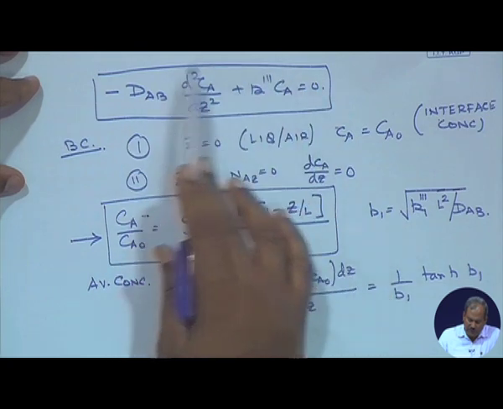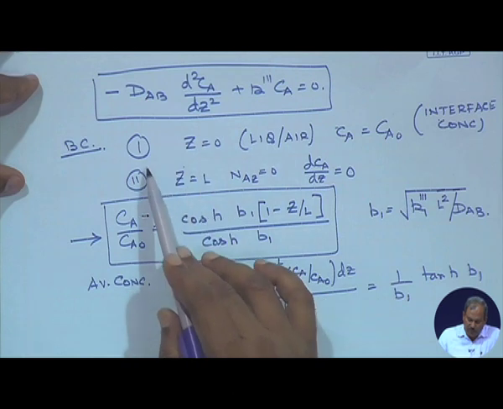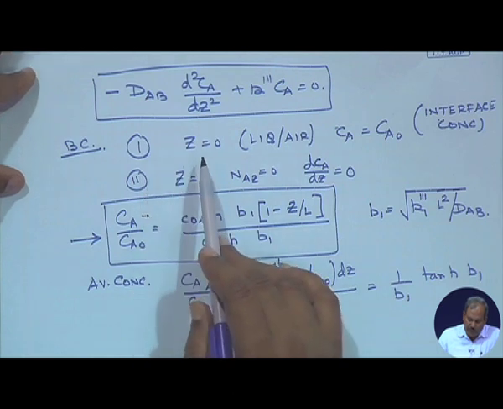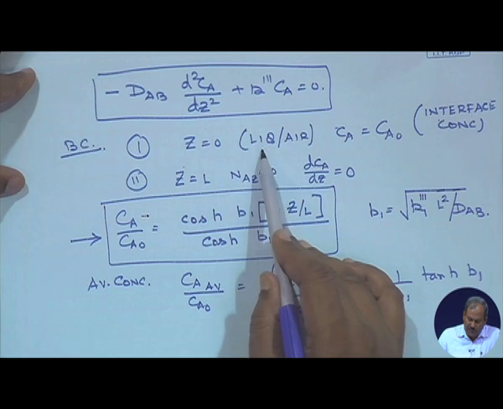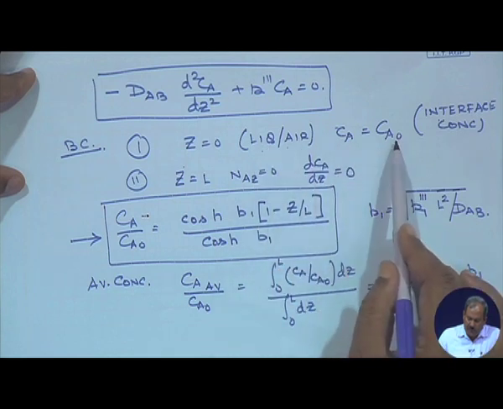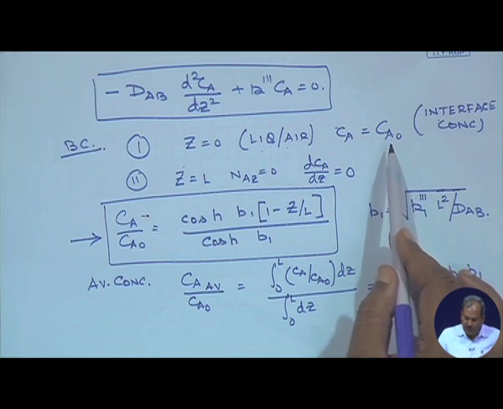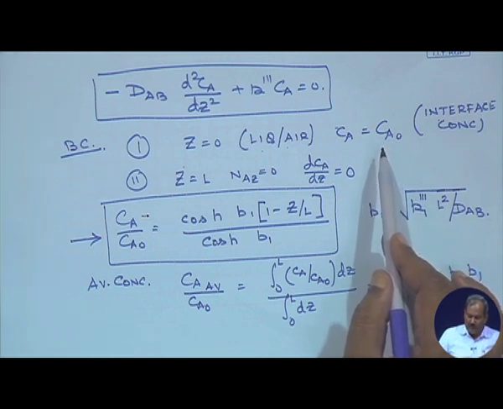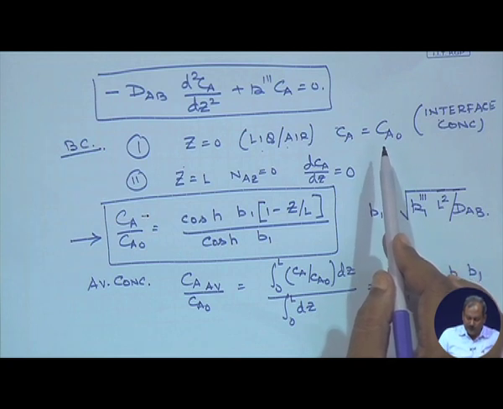This was the form of the equation, and the two boundary conditions that we used were, at Z equals 0, that means at the liquid air interface, the concentration of A is maintained at C_A0, which could be the interface solubility, the solubility of A in the liquid.